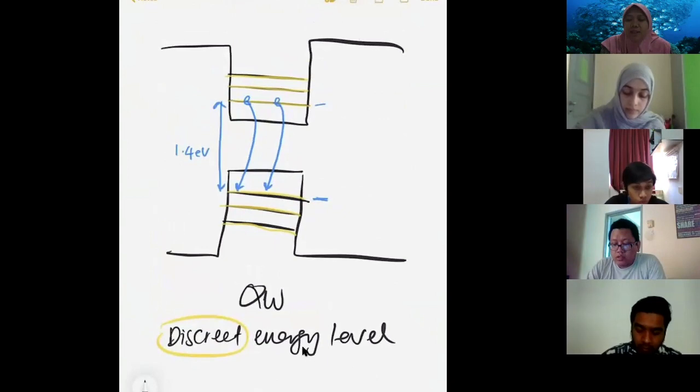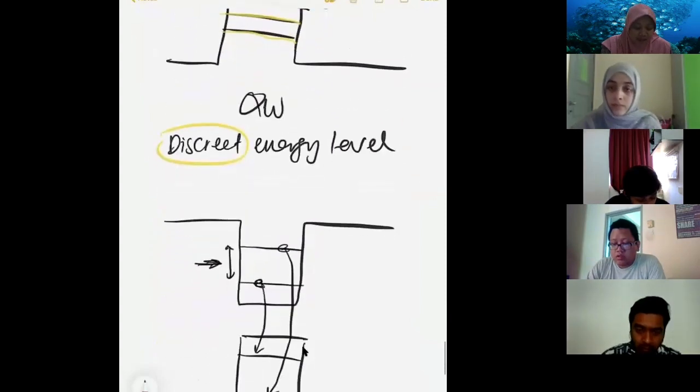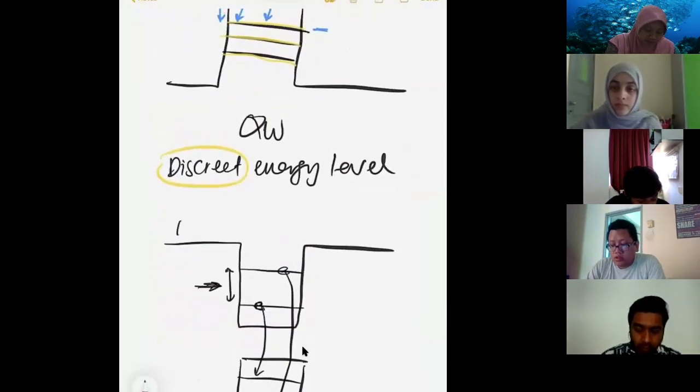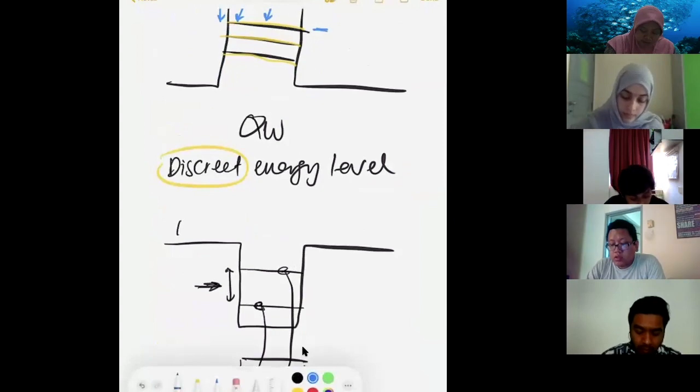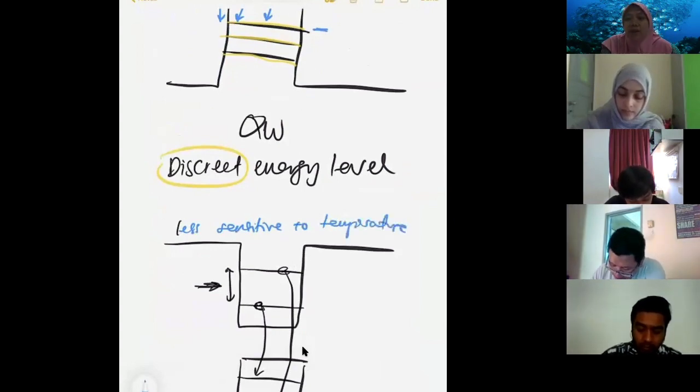Okay, and another advantage of quantum dot and quantum well, quantum dot especially, is that it's less sensitive to temperature. As we know, at the start of the class, we talked about the effect of temperature on semiconductors.